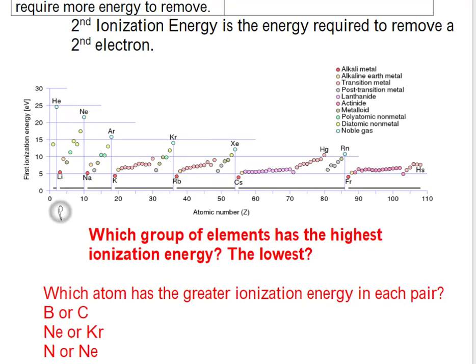Period 2, right here, what's happening as you go left to right across that period? What about period 3, from left to right? What's going on here? Well, obviously, it's increasing. Okay, some of them are weird, yes. Like right here, this is not an increase. This actually goes down. But overall, the trend is that you're going from low to high across each period on the periodic table. Period 4 gets complicated because we have those transition metals in there. Okay, so what's going on?